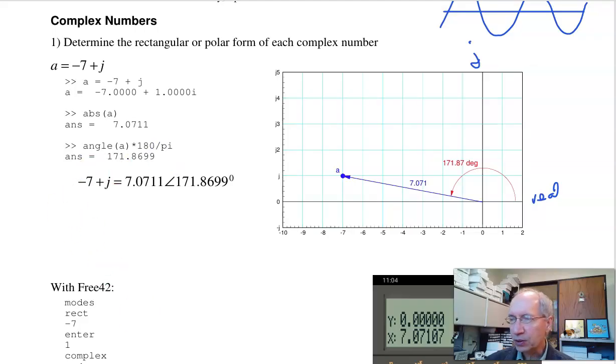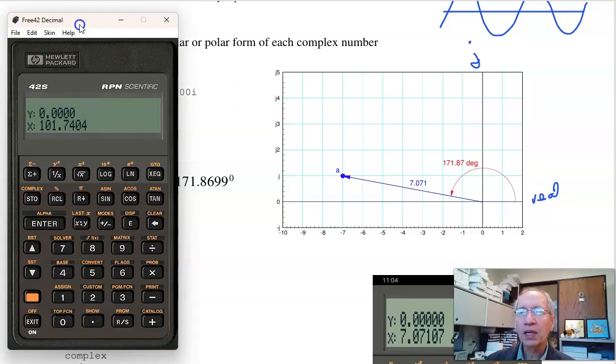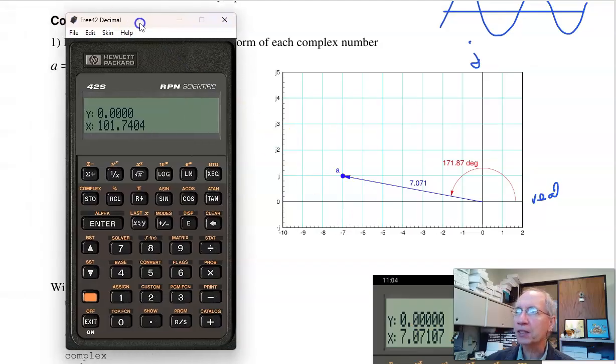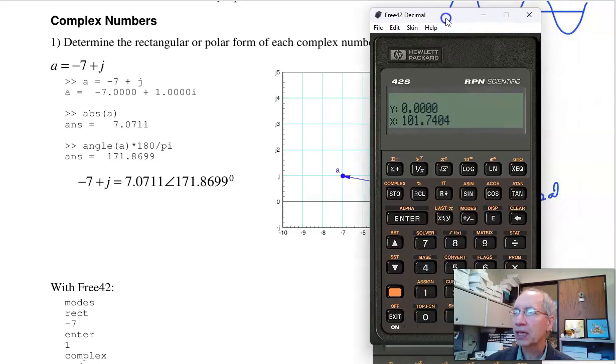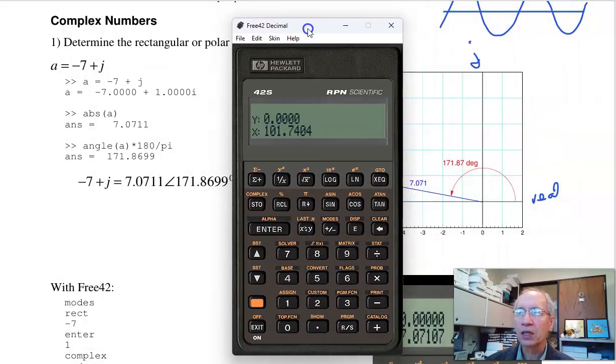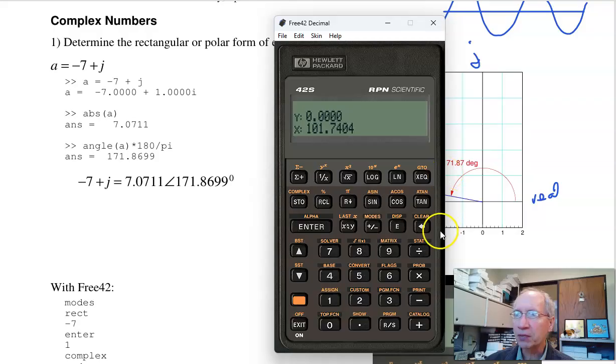You can also use an HP calculator. Again, I kind of push the HP calculator. I think they're worth 10 points on a test, and I don't think that's an exaggeration. To enter a number, minus 7 plus j, the way the HPs work, I have this key, complex. That's how you input a complex number.